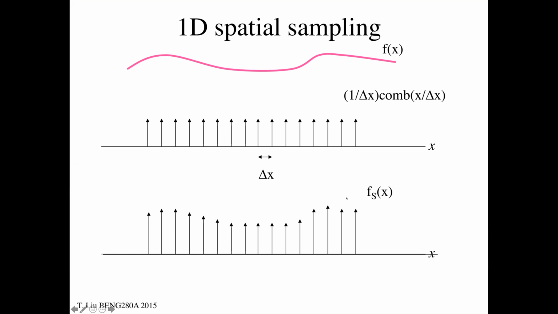And what it gives you now is a set of discrete values above the plane, where you have the values of f of x. Now, this function, f sub s of x, and when you read the textbook, it's worth keeping this in mind, is not a set of discrete numbers. Okay, that sounds confusing.